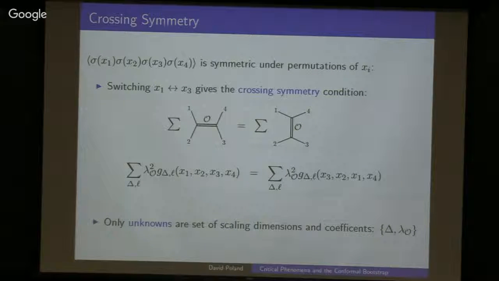And it probes the full spectrum of operator dimensions in the theory, at least all the ones which appear when I fuse 2 sigmas together. And the only unknowns in this expansion are the unknown set of scaling dimensions, as well as the coefficients in the conformal block expansion. So if you like, this equation is a very non-trivial constraint involving sums over special functions that we can try to extract information from, including what are the allowed values of the deltas and the lambdas.